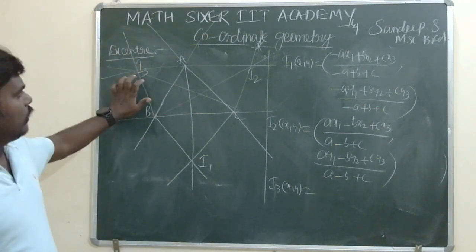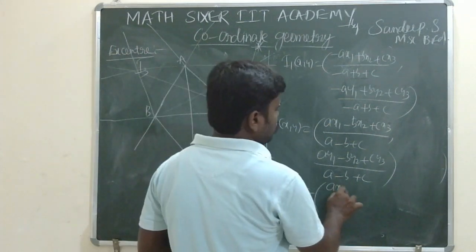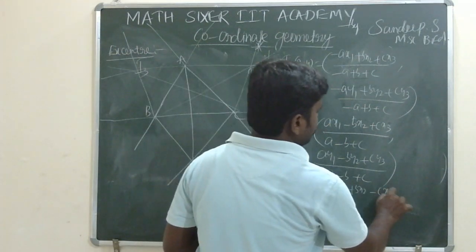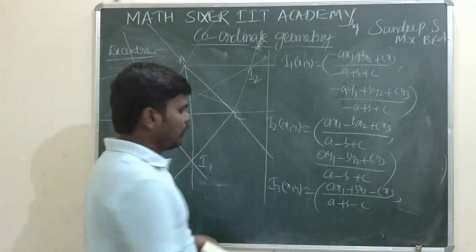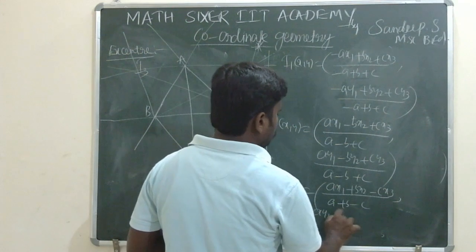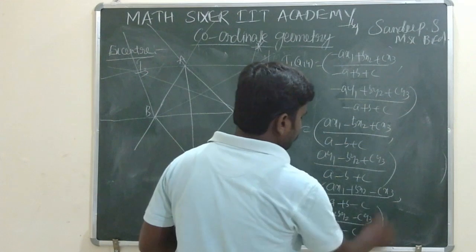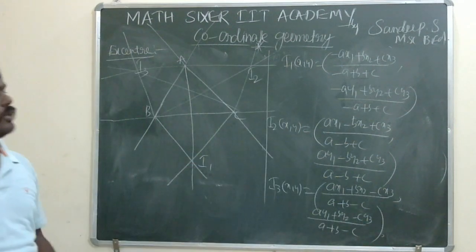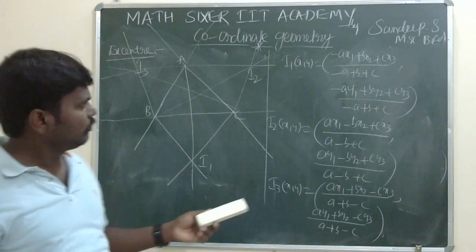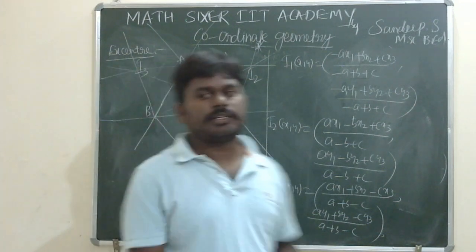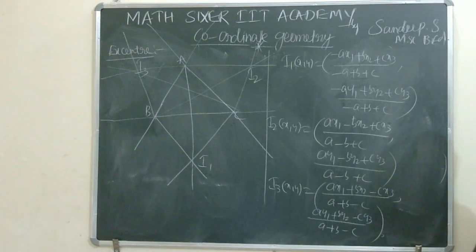So I3 equals AX1 plus BX2 minus CX3 by A plus B minus C comma, AY1 plus BY2 minus CY3 by A plus B minus C. So these are the formulas to find the excenters, which are respectively opposite to each vertex. That's all about the excenter.